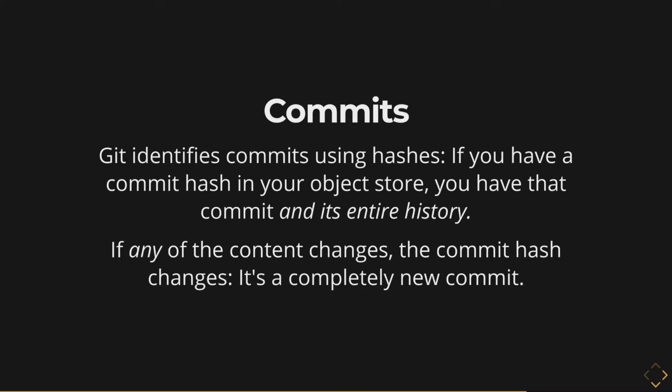So say I have a commit in my Git repository and I want to check, hey, Michelle, Peter, do you have the exact same files and the exact same commit as I do? That could be a huge repository with gigabytes and gigabytes of files.